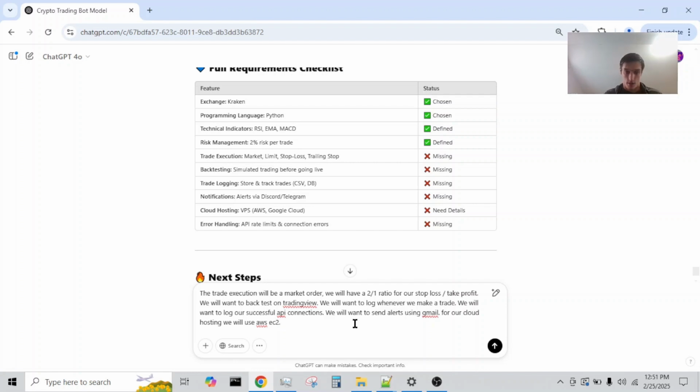And error handling. Well, obviously we're going to need error handling.